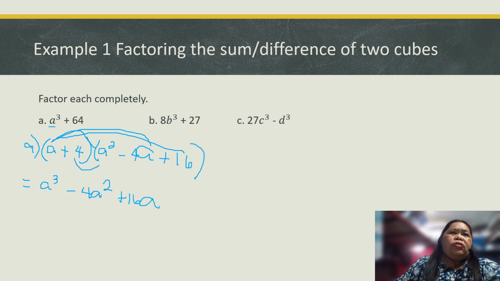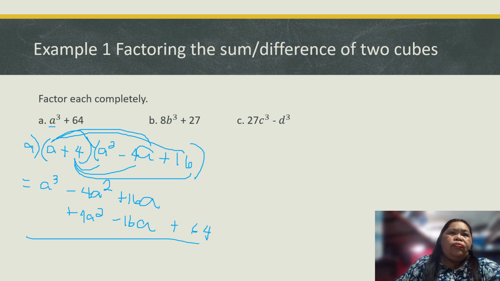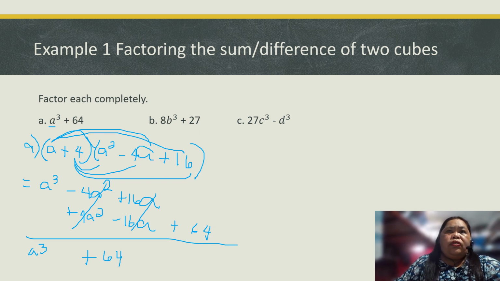Then we multiply by 4: that's positive 4a squared, minus 16a, and 4 times 16 is 64, because 6 times 4 is 24, carry 2, 1 times 4 is 4 plus 2 is 6, so 64. Then bring down a cubed. The middle terms cancel, so what remains is a cubed plus 64. So we are correct.